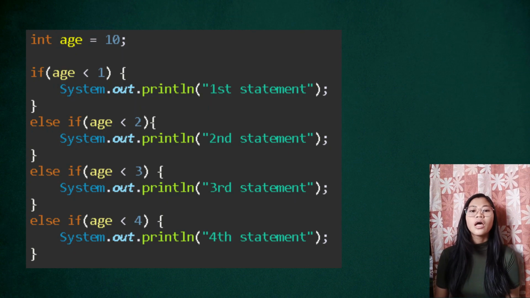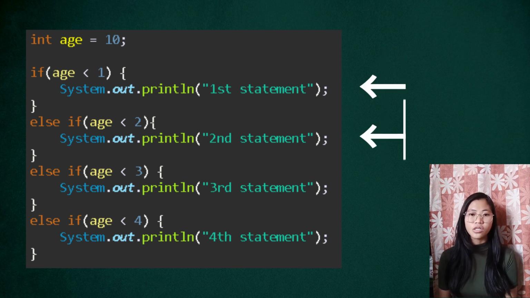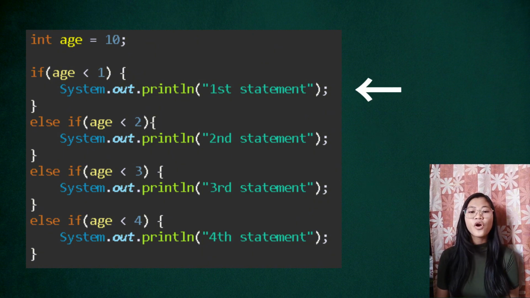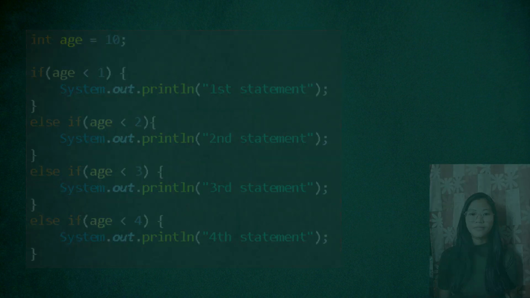So, in short, an else-if statement is used when you need to check multiple conditions. It's like asking a series of questions. If the first if condition is false, the program checks the else-if condition. If that is false, it checks the next else-if, and so on. This lets your program handle different situations based on different conditions.